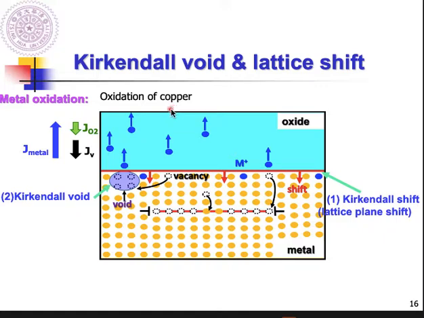So if you draw the simple schematic for this flux, the metal flux J metal is larger than the flux of oxygen. So you can observe the dissimilar flux between two materials.